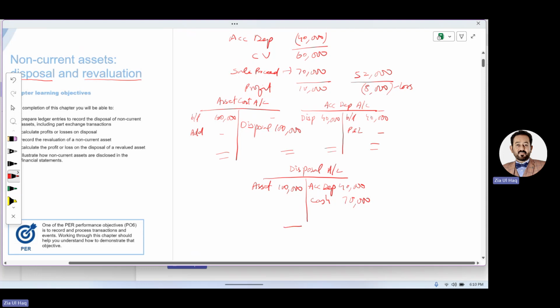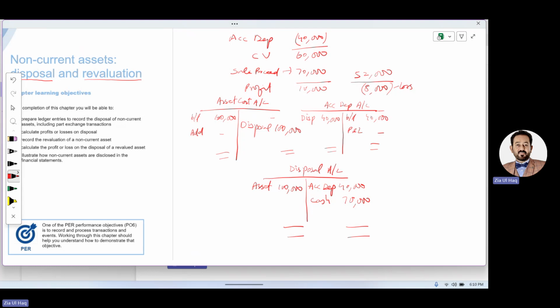Now we need to tally the disposal account. Which side is bigger, debit side or credit side? Credit side. The credit side is showing 110,000. So we write 110,000, and the balancing figure will be 10,000, profit and loss. This will be charged to the profit and loss account.